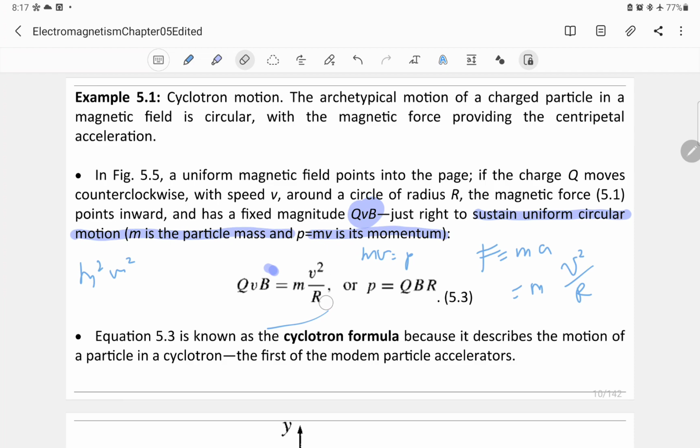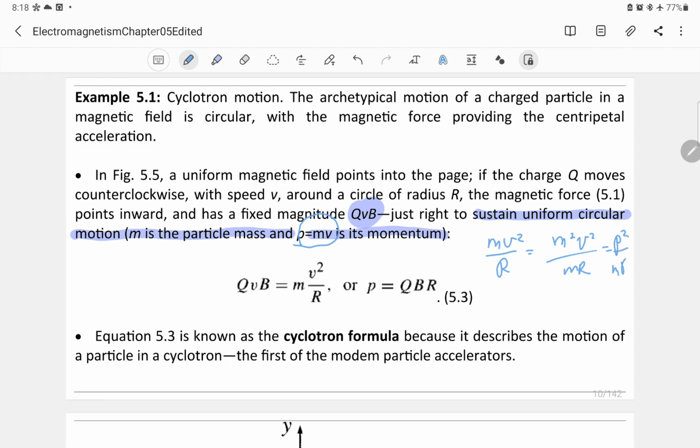Your mv square over r is equal to m square v square over mr, so this will be p square over mr, and of course this is equal to qvb.